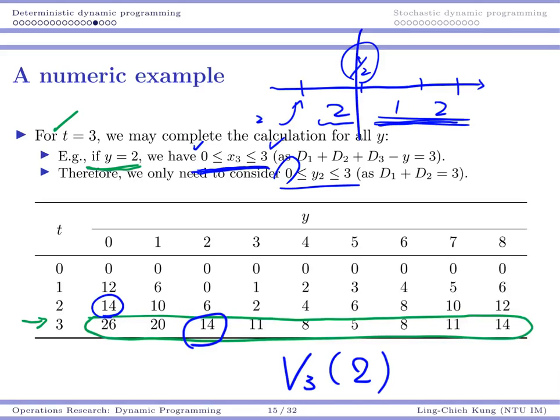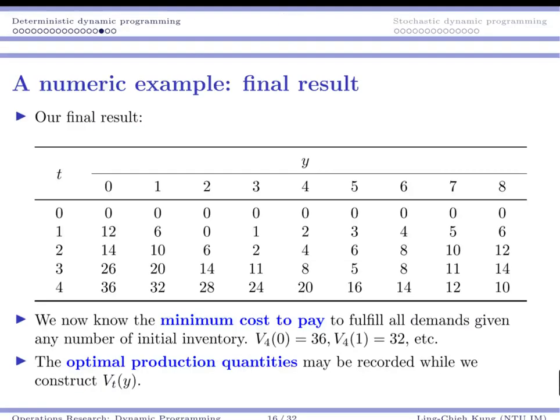I don't know what I'm going to do, I don't care, but I know I'm going to pay $14. If I leave only 1 unit for tomorrow, I need to pay $10 starting from tomorrow. If I leave 2 units, if I leave 3 units, I know how to solve the problems starting from the next day. And I also have the cost for today. I'm able to complete the row for t equals 3.